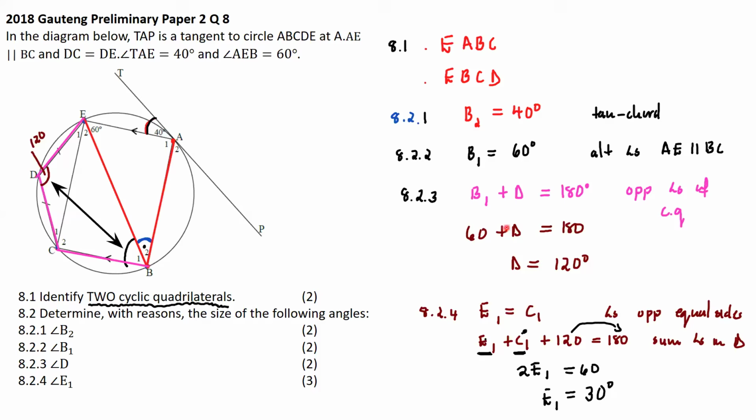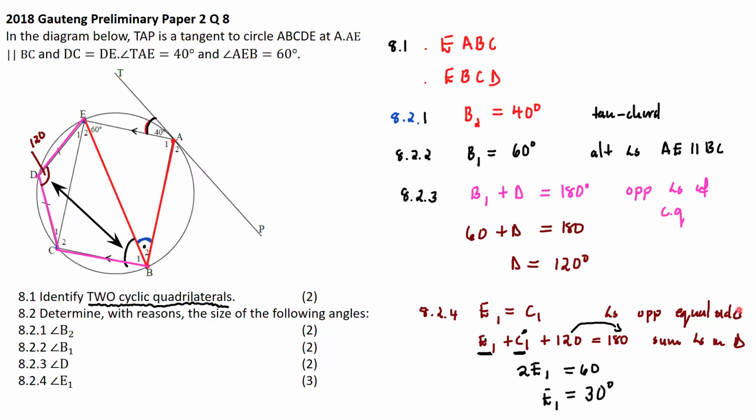Opposite angles of a cyclic quad are supplementary. Then for the last one, we agreed that DEC is an isosceles triangle. So E1 and C1, the base angles are equal.